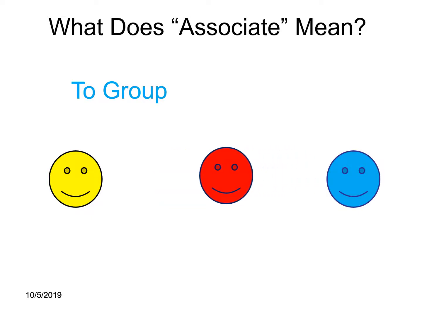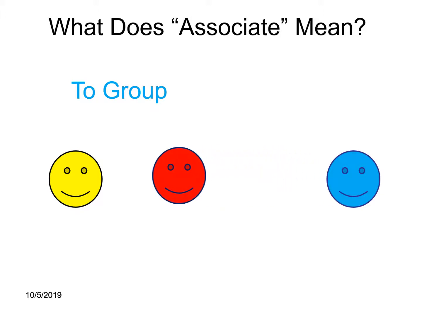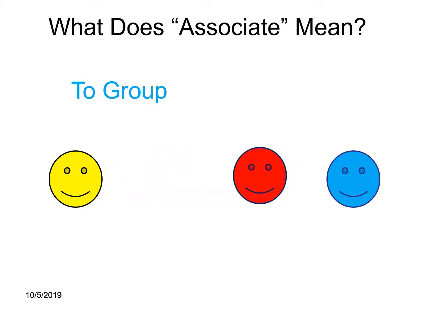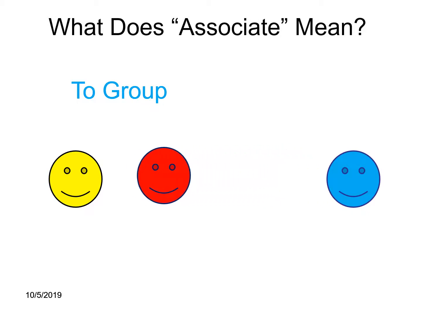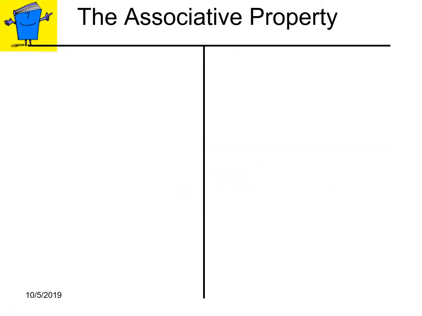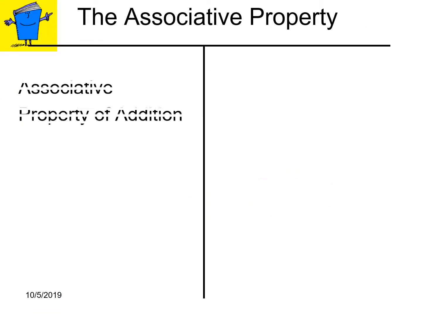And in math, we have associative properties that say groupings don't matter, the outcome is going to be the same. So let's take a look at those now. Let's look at the associative property of addition, and we'll abbreviate that A+.